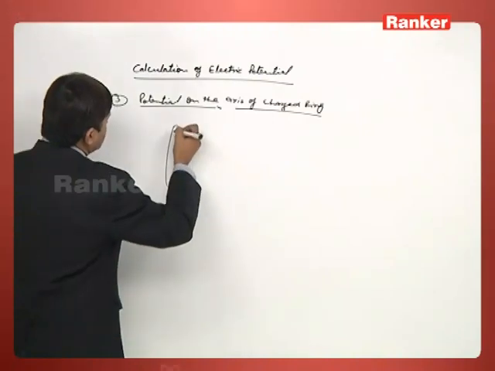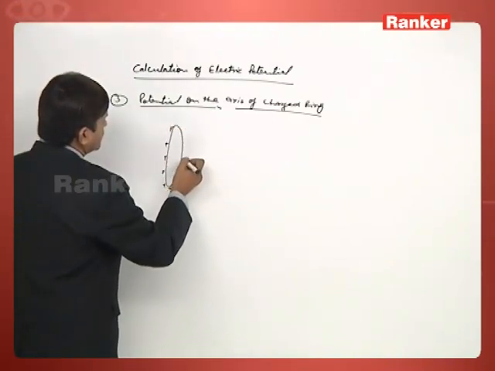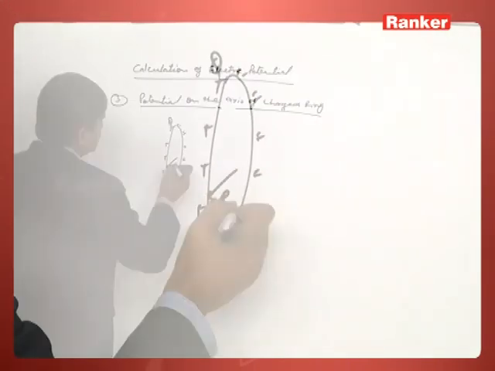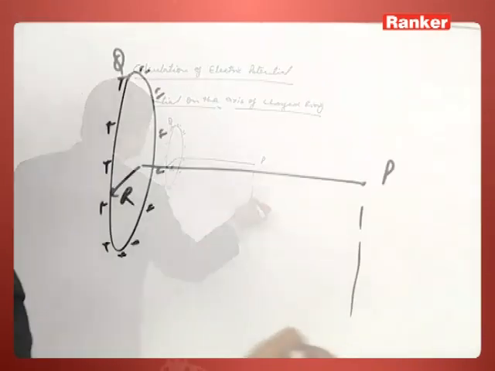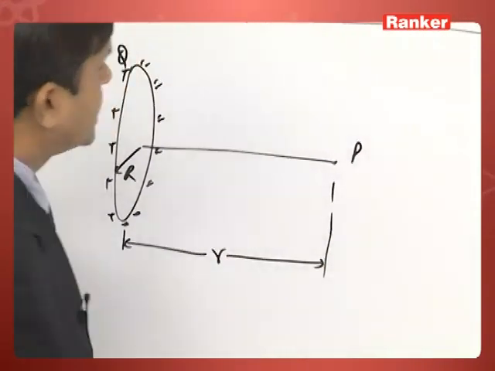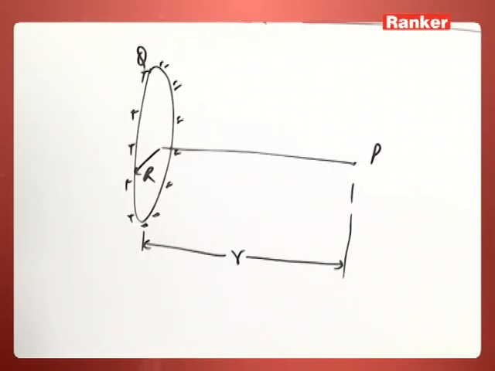Let this be your ring and it has charge Q and radius R, and we want to calculate the potential at point P, which is on its axis, and let that point P be at r distance away from the center of the ring.